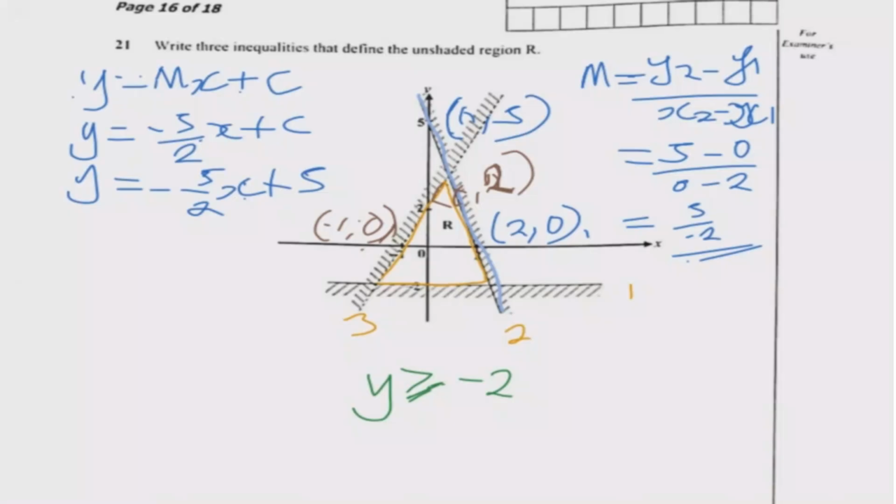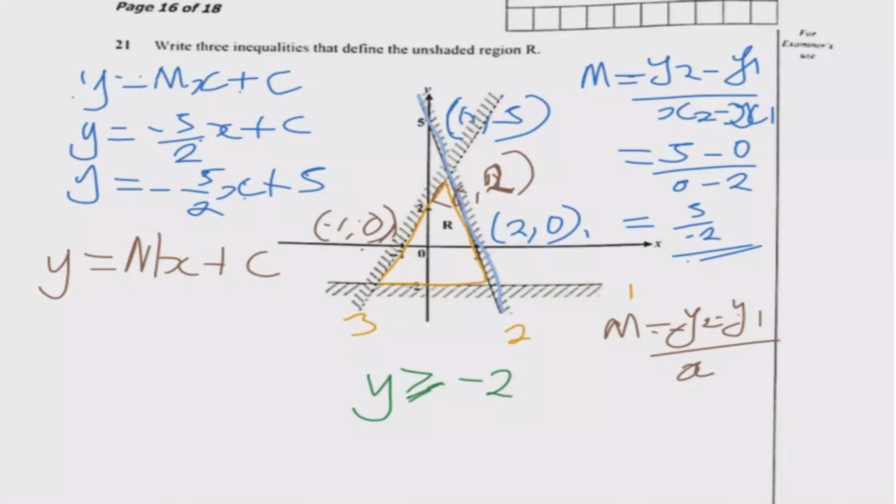So now we're coming up with the equation. What we do is find the gradient. Remember, I told you that the skeleton for the formula is y equal to mx plus c. So the gradient m is equal to y2 minus y1 over x2 minus x1.